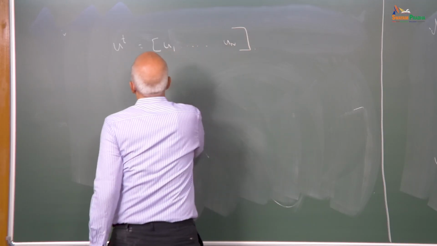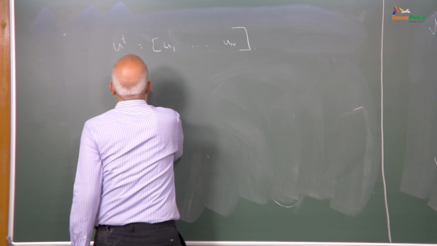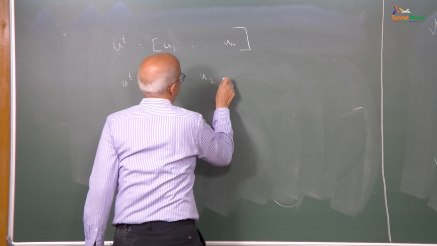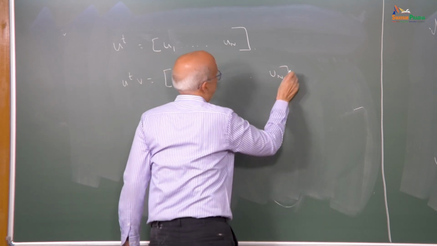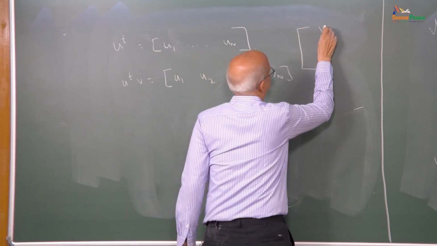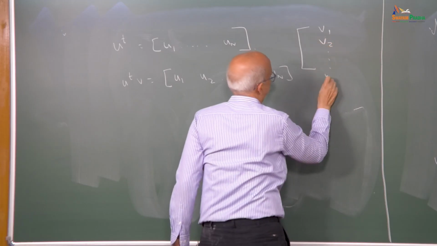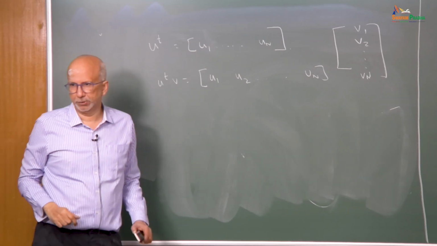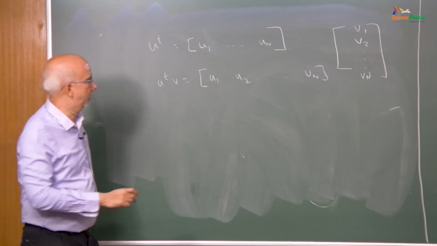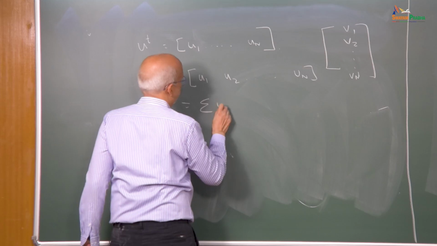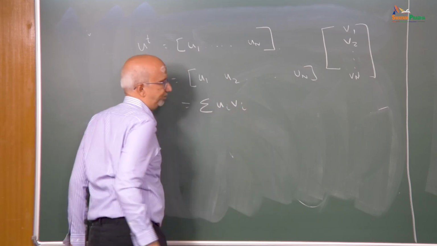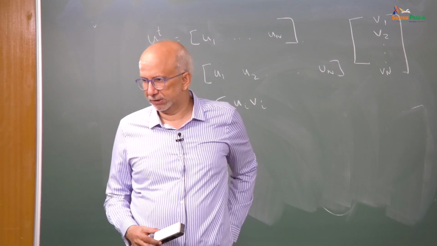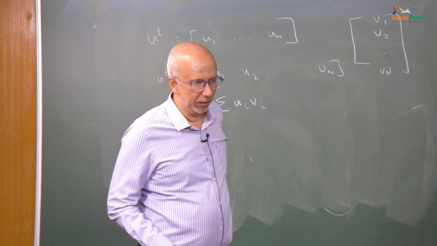Doing this matrix multiplication, 1 by n times n by 1, you get sigma ui vi. Just to tell you that I can write it as u transpose v. That is my inner product.